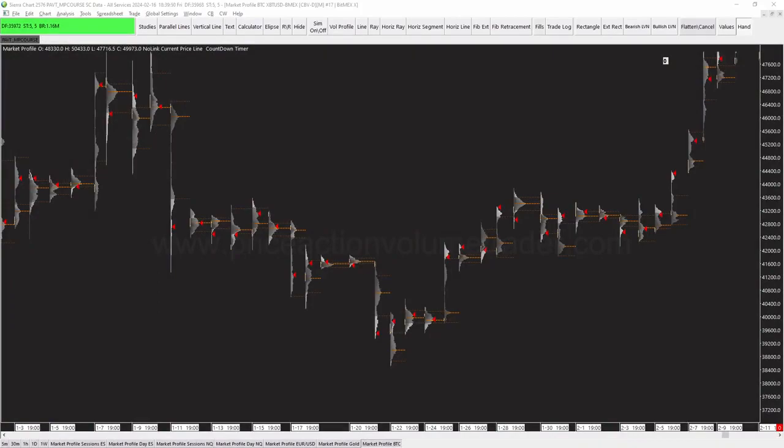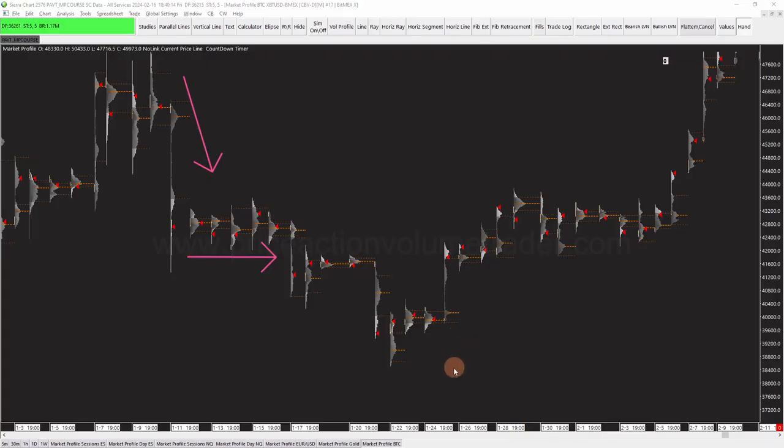If we go here for another example, let's look at Bitcoin market profile. You can see how here we have this impulsive move or imbalance downwards. We created this sideways consolidation. We broke down, had a little sideways move before we broke down even further.